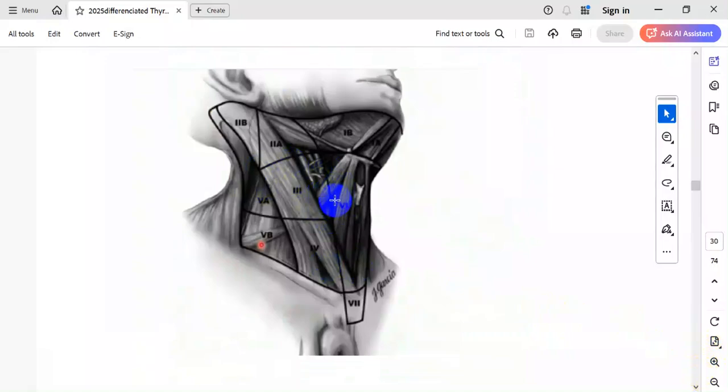The central zone is located between the inner edge of the sternocleidomastoid muscle and also zone 7, which is related to the mediastinal lymph nodes right here. This is also a continuation of the central tissue of the neck into the mediastinum.